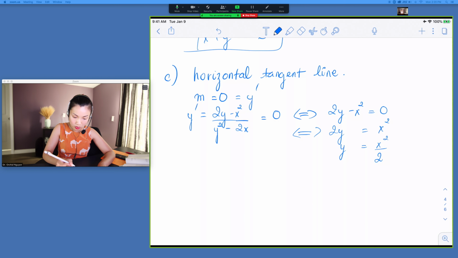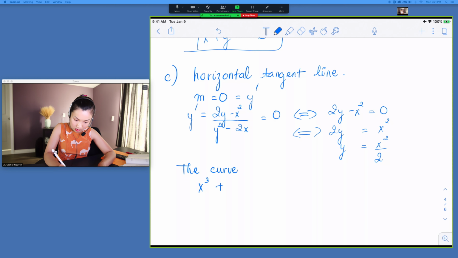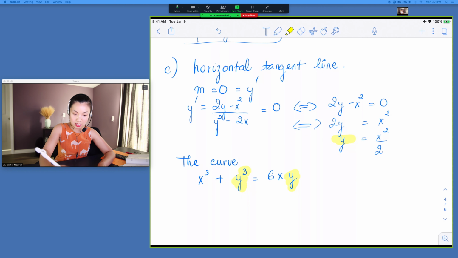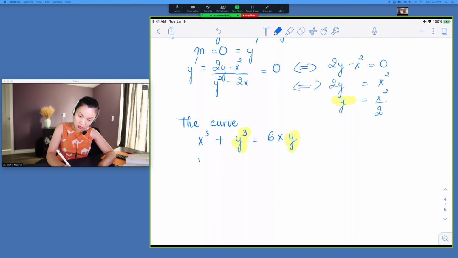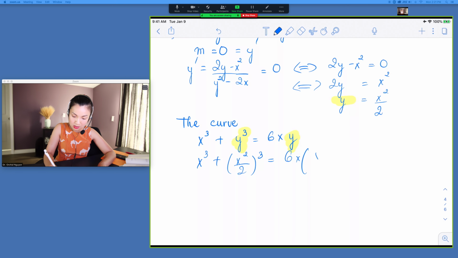So I just want to remind you the curve. The curve is x cubed plus y cubed equals 6xy. So I'm going to take this y and plug it in here, plug it in here. Okay, so we have x cubed plus x squared over 2 cubed equals 6x times x squared over 2.